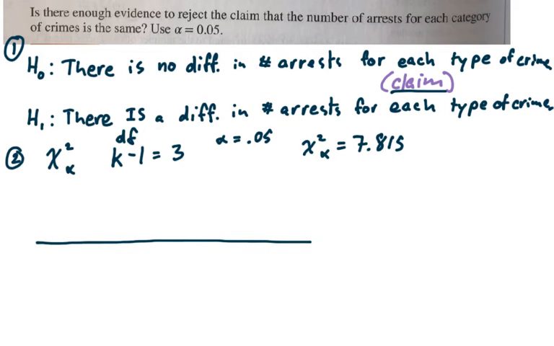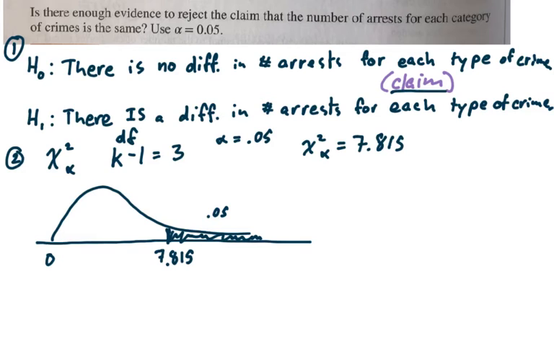So here's a quick sketch of our chi-squared distribution curve, and 0 is there. Our critical value is 7.815. So the shaded region is the critical region or the rejection region. It has area 0.05.